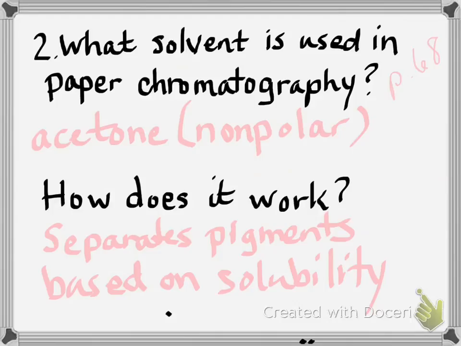And again, just because of experience, I knew not to use water because I knew water wasn't going to dissolve those pigments. So I picked a nonpolar solvent like acetone.